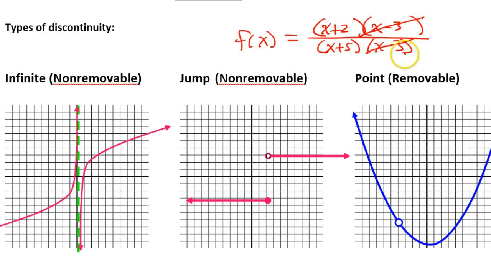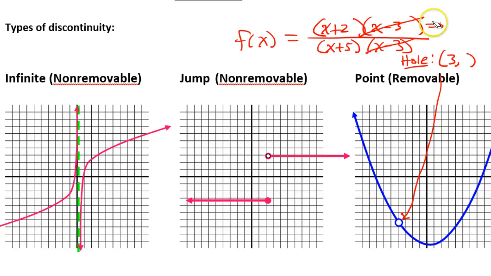Okay, and this is where the hole comes in. Instead of having a vertical asymptote at positive 3, by the way, because we set it equal to 0 and solve, we have a hole at positive 3 comma something. All right, we have a hole. We have a point discontinuity. So notice that we have a hole when you can cancel these factors out.